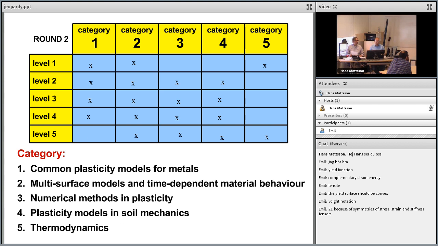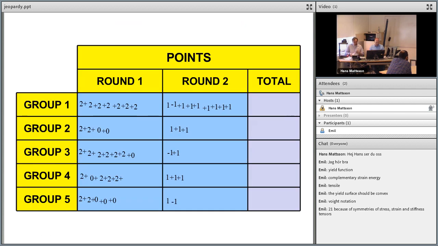Group 4, can you choose? Category 3, level 1. The global equilibrium equation states that external and internal forces in each node with components in the x, y, and theta direction have to be in equilibrium.